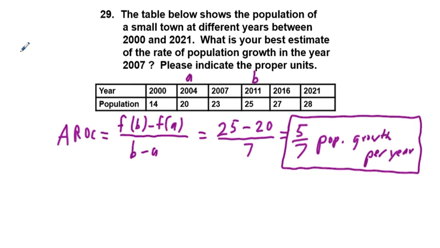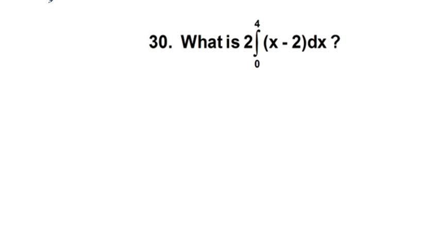And then next, what is 2 times the integral from 0 to 4 of x minus 2 dx? Well, for that, if we go ahead and draw this out, we have the equation y equals x minus 2.